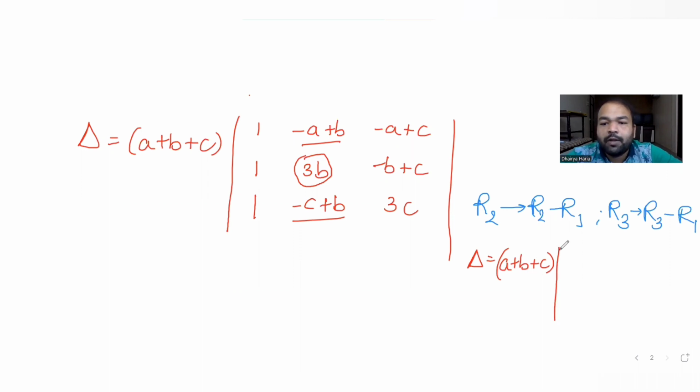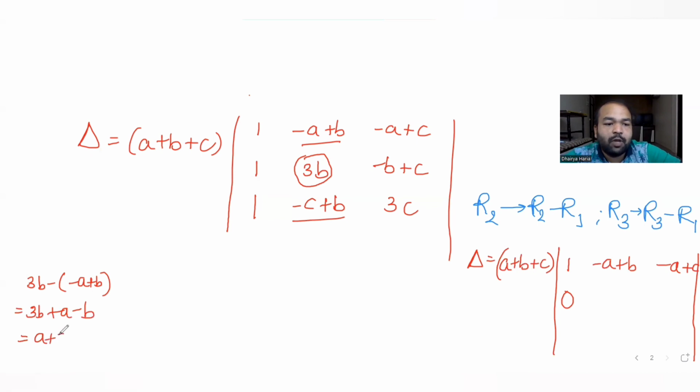My determinant changes to first term 1, and after applying R2 minus R1, the other first-column entries are 0, which we already know. Let's apply it to the other two elements. What I get here is 3b minus minus a plus b, so that gives 3b plus a minus b, which is a plus 2b.